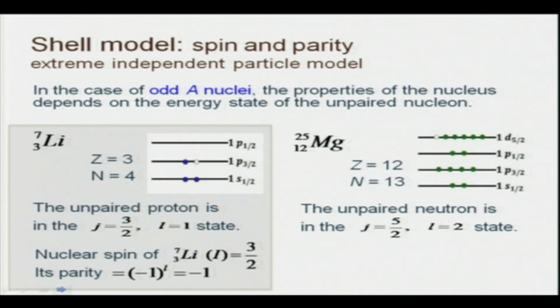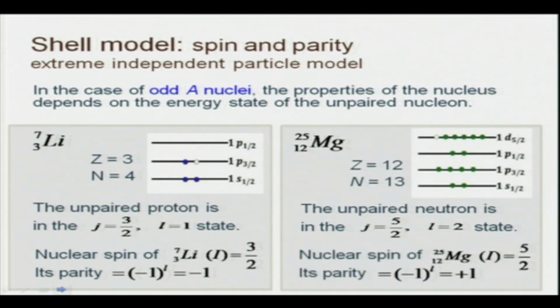L equal to 2, and correspondingly the nuclear spin of magnesium 25 is I equal to 5/2, and its parity is minus 1 power L, here L equal to 2, which is the d state, and therefore that is equal to plus 1.